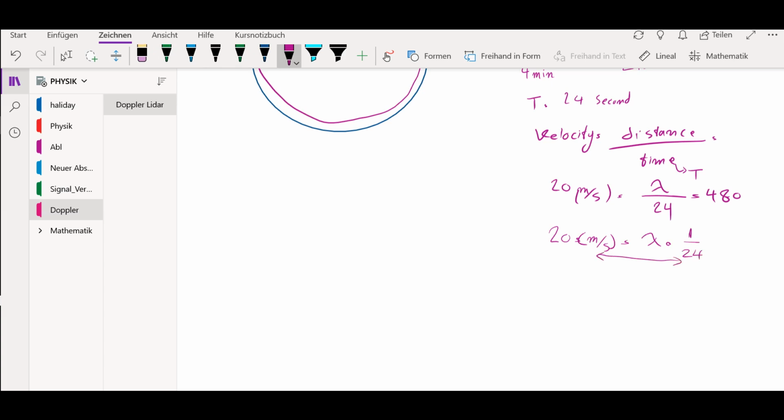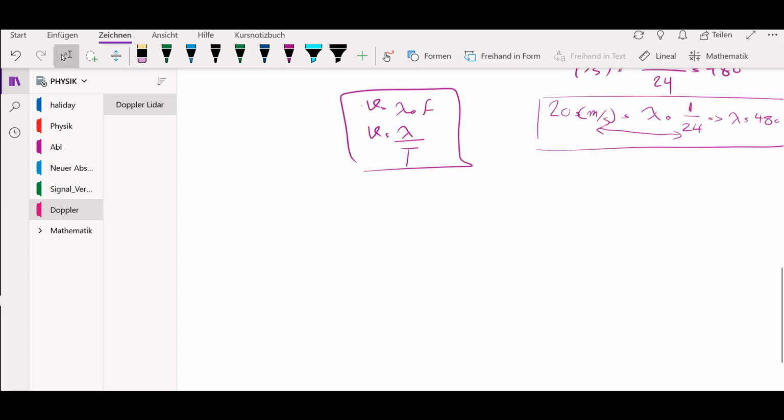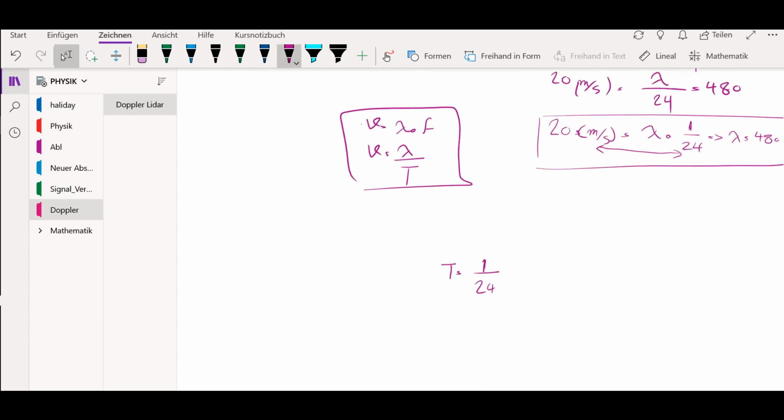Again, nothing has changed, so the lambda is again 480. I know T is equal to 24 seconds.